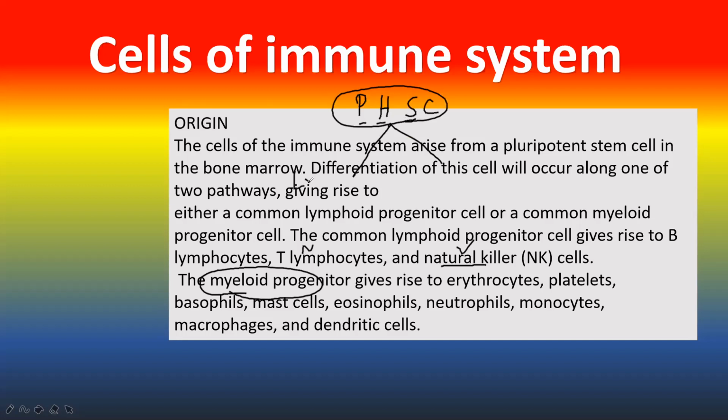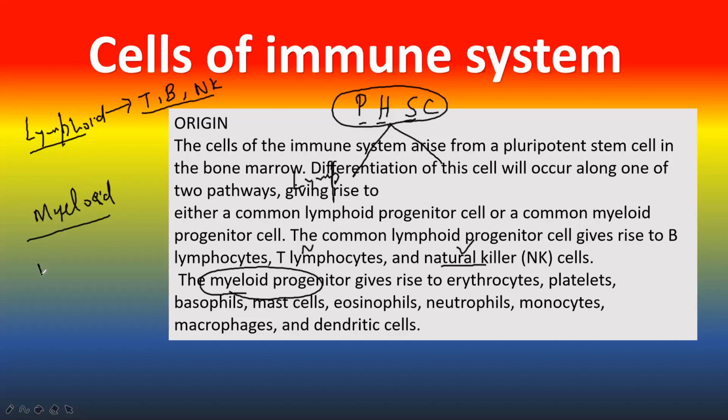This cell changes into two lines, one lymphoid line and one myeloid line. Understanding the lymphoid line is also very helpful for understanding blood cancer, the different types of blood tumor. The lymphoid line forms T cells, B cells and natural killer cells. So these are all lymphocytes.